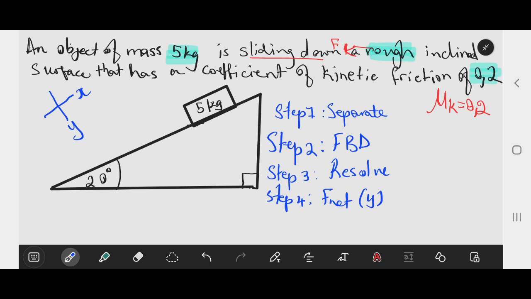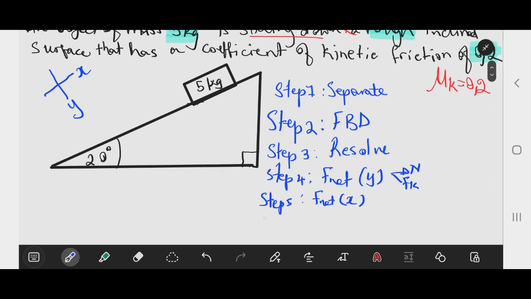The main reason to obtain the F net in the y-axis is to obtain the net force so that we can calculate our frictional force. And then step number five, we obtain our F net in the x-axis. And then the last step, we solve any variables which are unknown.